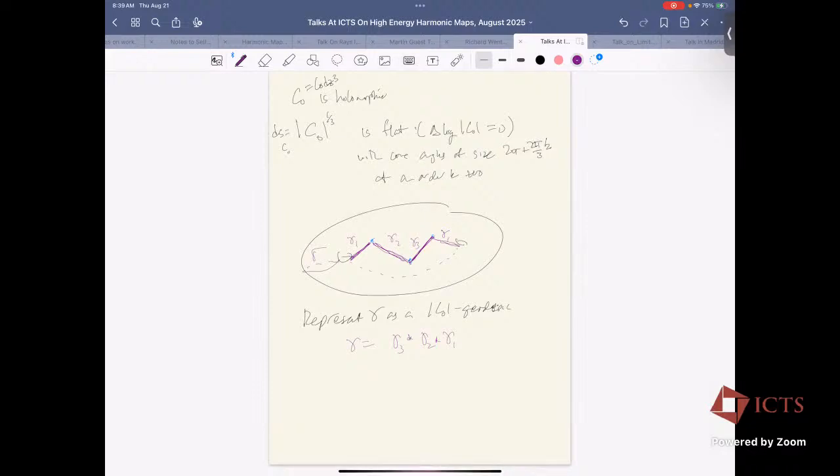What I'll point out is that along gamma J, we can find a period.